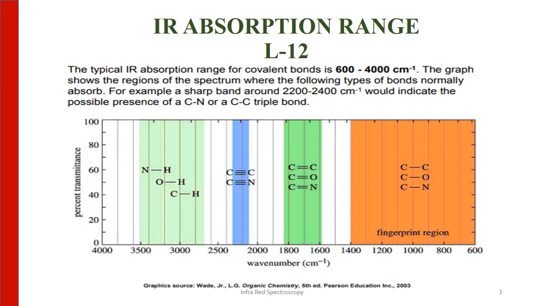In the previous lecture, we discussed what happens when we calculate theoretically the number of bands using the formula: for a linear molecule it is 3n minus 5, and for a nonlinear three-dimensional molecule it is 3n minus 6. If we get a theoretical number of bands higher than what is visible in the IR spectrum, there can be some reasons.